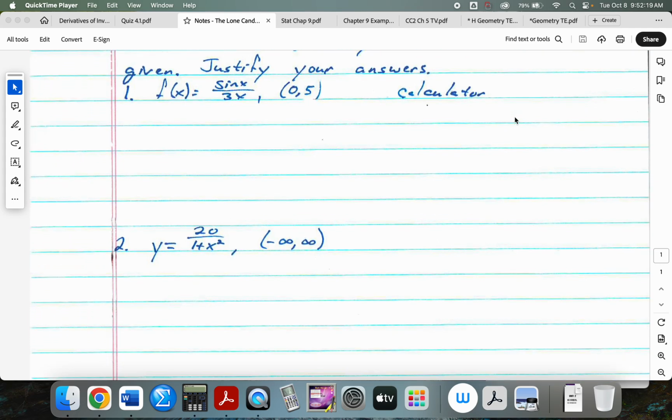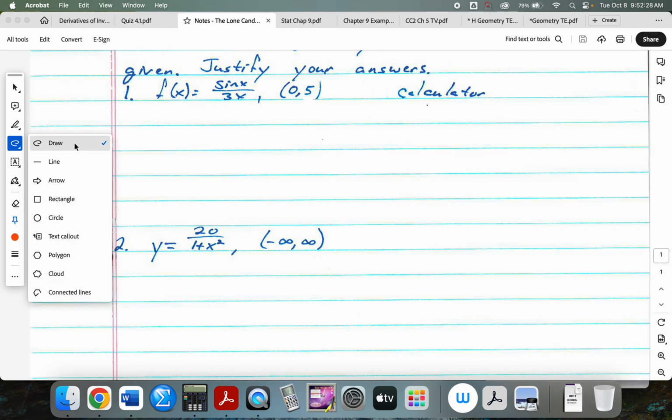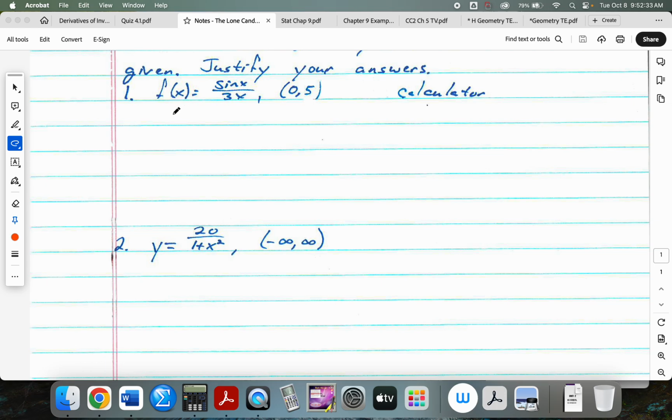Okay. So for this one, we are going to be allowed to use a calculator for this because the numbers are just horrible. But we need to start by taking the derivative. So that'll be the denominator, 3x, times the derivative of the numerator. So that'll be cosine x minus the numerator times the derivative of the denominator, which is just 3, all over 3x quantity squared.